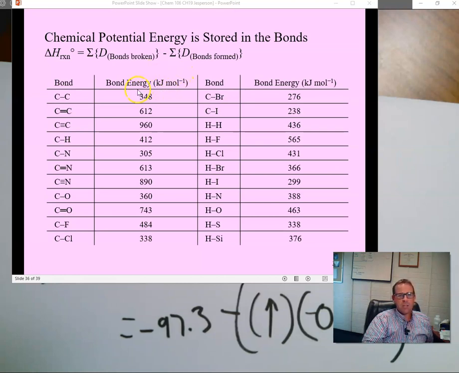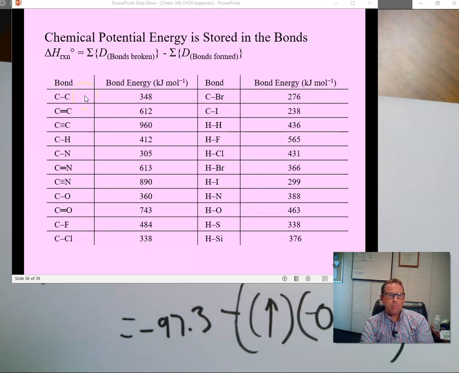And the bond energy itself can be used to predict whether a reaction is going to release energy or require energy. Specifically heat energy, because heat energy is released when you form a bond, and you have to put heat energy in to break a bond.